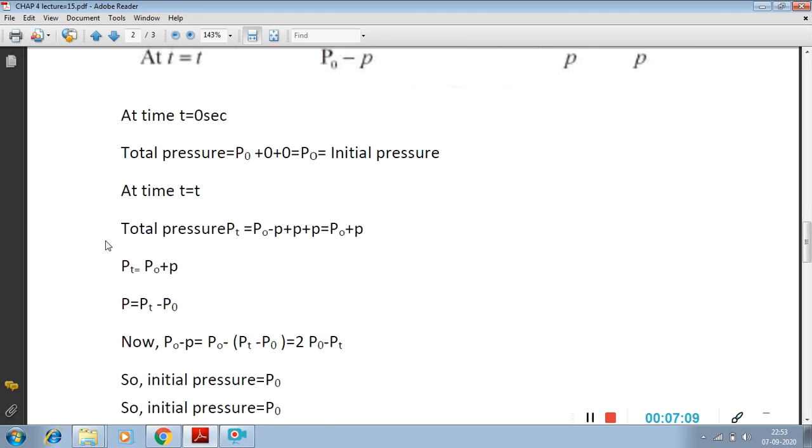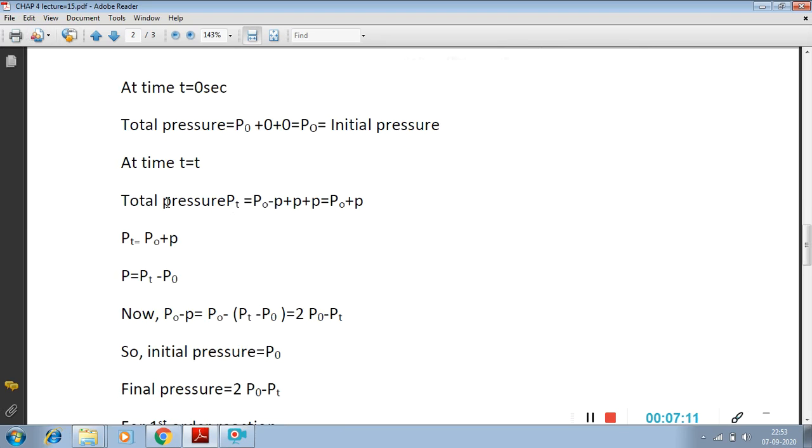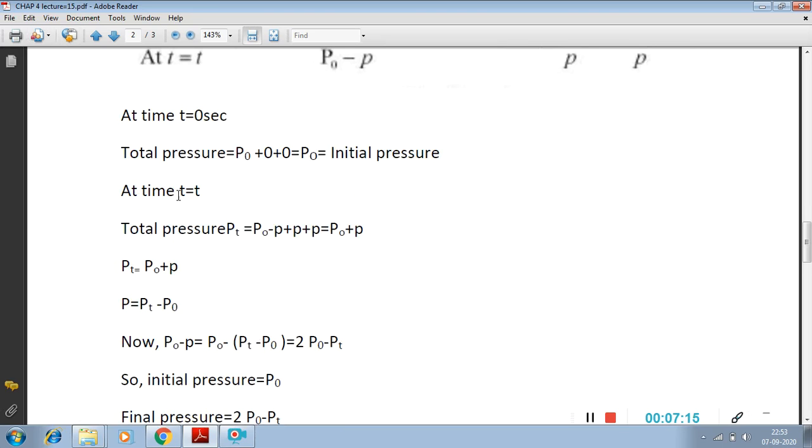Now at time t is equal to t, the total pressure is suppose Pt.